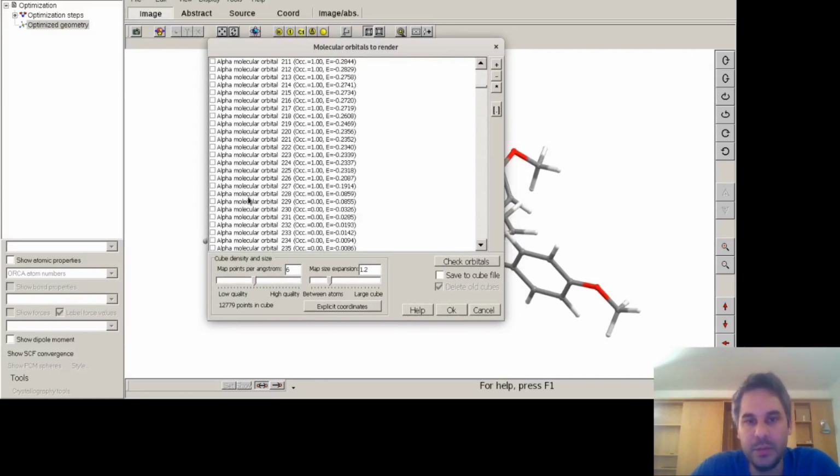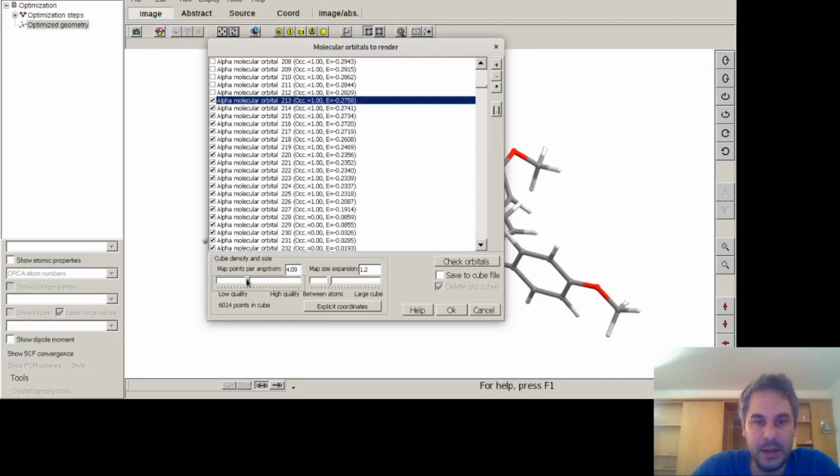So I am going to plot only the alpha orbitals here, and I'm going to plot at least 20 or 30 orbitals around the HOMO-LUMO gap. I will choose a slightly smaller grid so that this is not so slow.